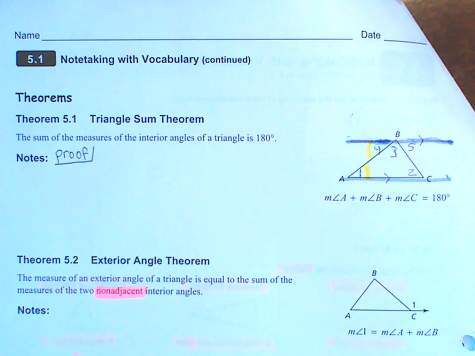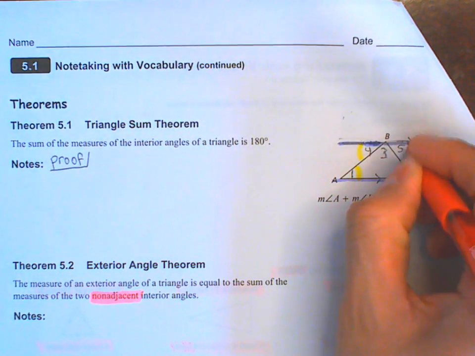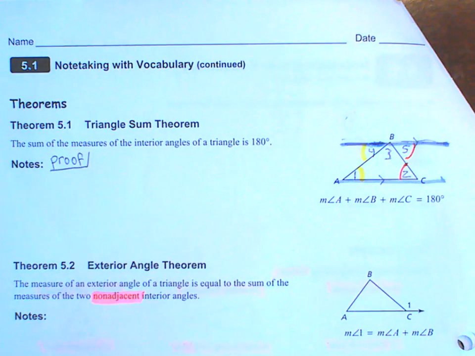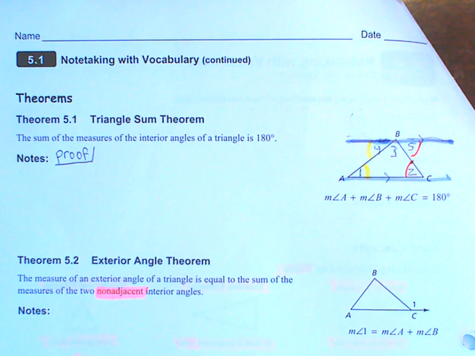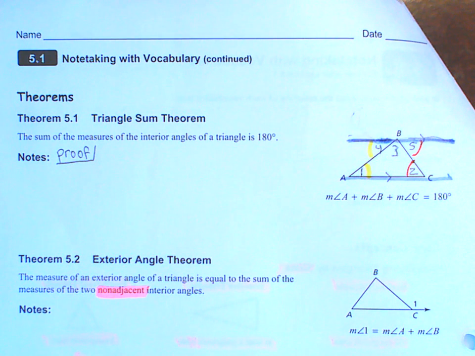The other two that are going to be congruent are 2 and 5, also by alternate interior angles. So we're going to use this in order to show that the sum of these three right here is 180 degrees, using some substitution, showing that the sum of 1, 2, and 3 is 180 degrees.